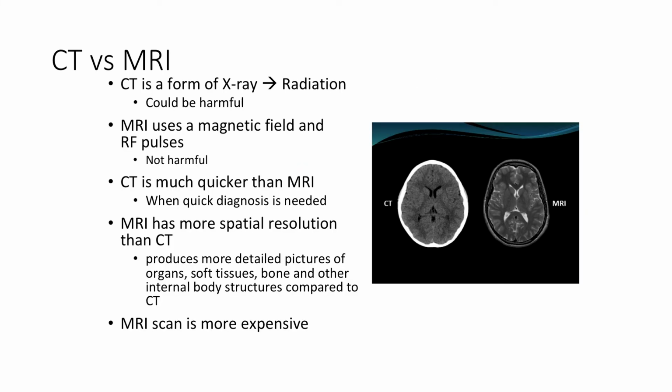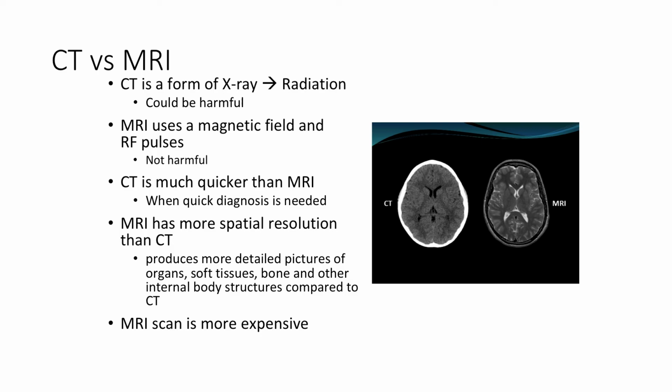Okay, so what are the differences between CTs and MRIs? They kind of look similar. You see kind of a similar picture, but there are a lot of differences. CT is a form of X-ray, which means radiation, which means it's harmful if you have many of them. MRI uses a magnetic field and radio frequency pulses and is not harmful at all.